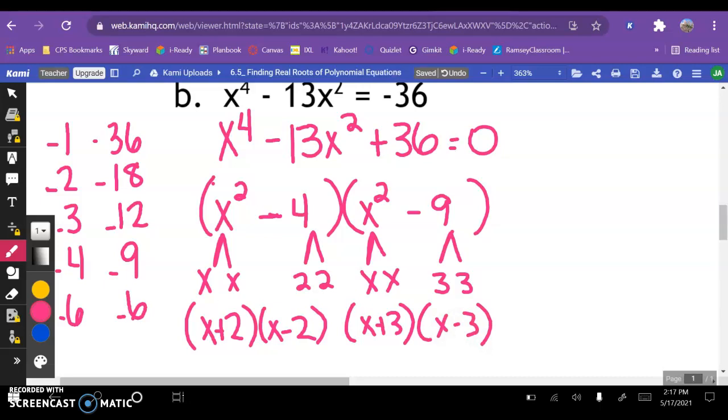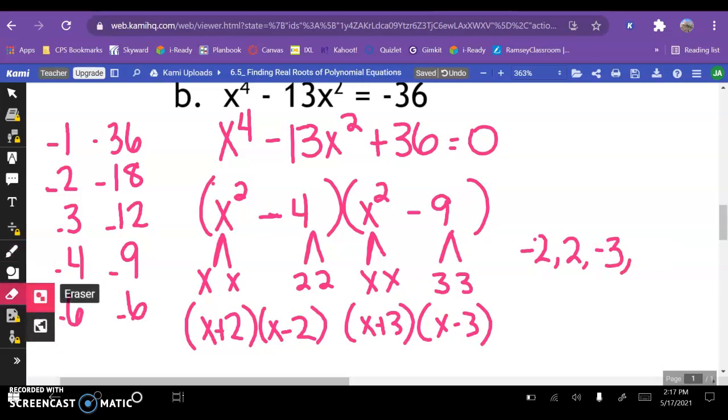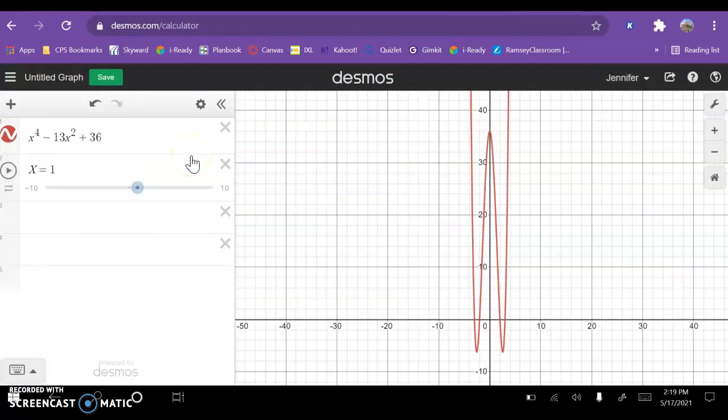So now, what can we plug into each one of those to make 0? So the first one, I could plug in a -2. The second one, I could plug in a +2. The third one would be -3, and the fourth one would be +3. So I went to a graphing calculator and typed in that function here so you could see why there were 4 zeros, because the zeros are where they cross the x-axis.